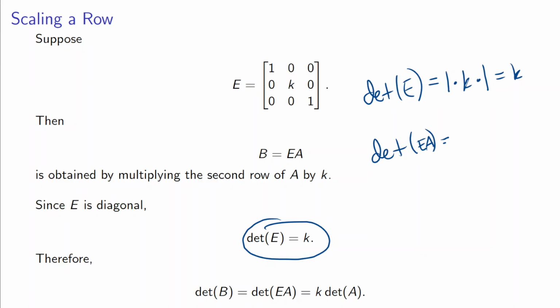So the determinant of EA is just the determinant of E times the determinant of A, and the determinant of E is K. So the determinant of EA is K times the determinant of A, and so the determinant of B is K times the determinant of A. So this tells us what happens to the determinant when we apply the scaling elementary row operation to a matrix: we effectively scale the determinant as well.